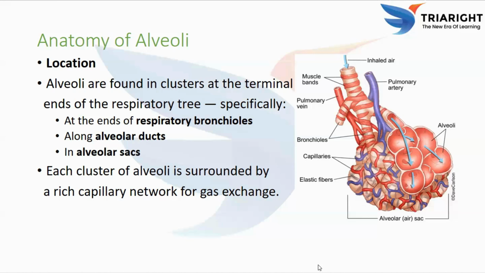This grape-like cluster arrangement creates a large surface area for gas exchange. Just like grapes share the same stem, alveoli share a common air passage, that's the alveolar duct or sac.